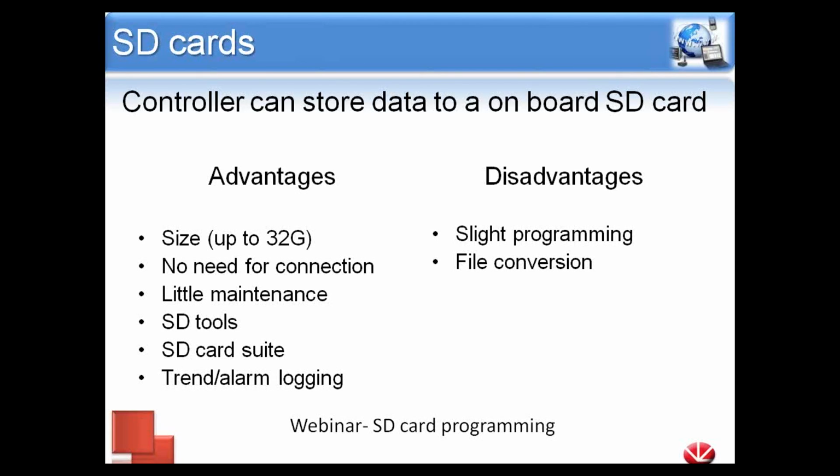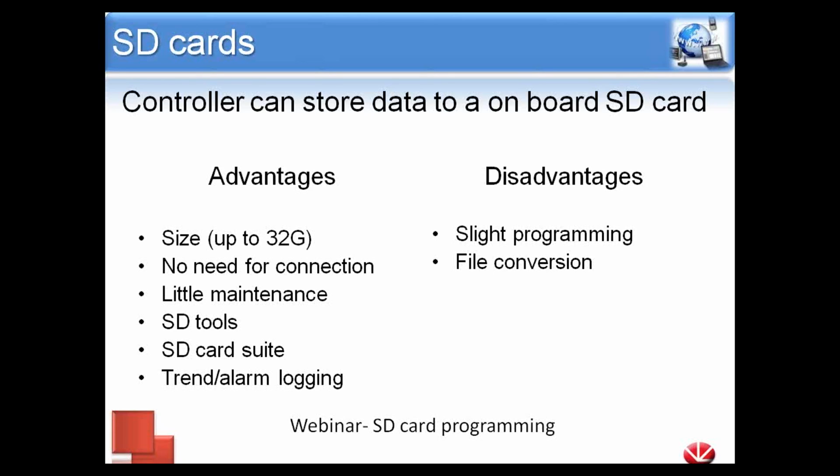The last type of logging that I would like to discuss are SD cards. A controller can store data to an onboard SD card. Now, the advantage of this type of logging is that we can set it and forget it.